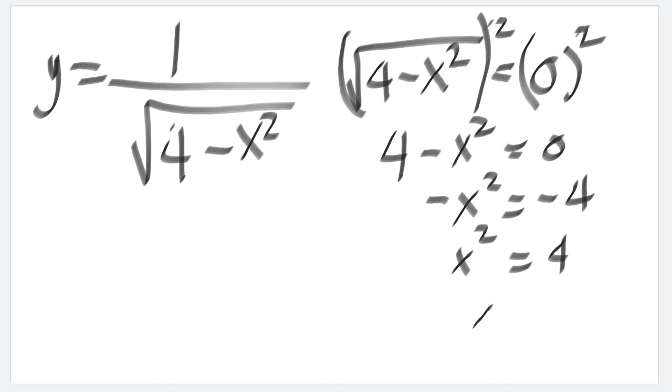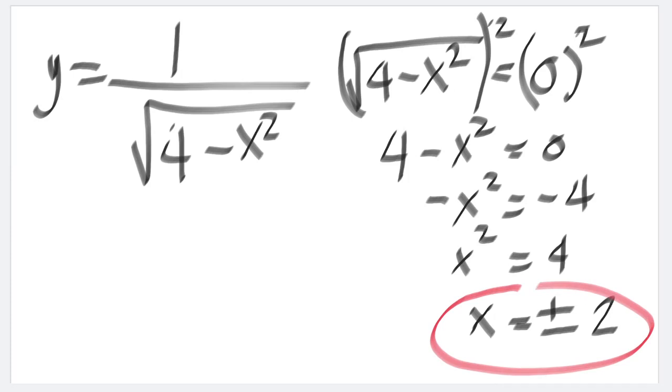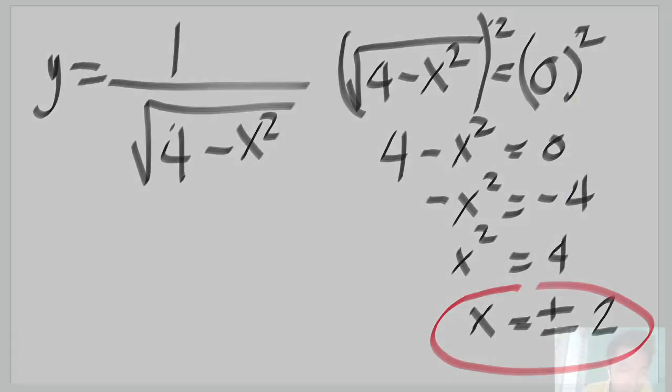So x would now be equal to, we have two roots, positive and negative 2. Okay, so we now have values of x that will equate this to 0. These are the possibilities of your vertical asymptote.